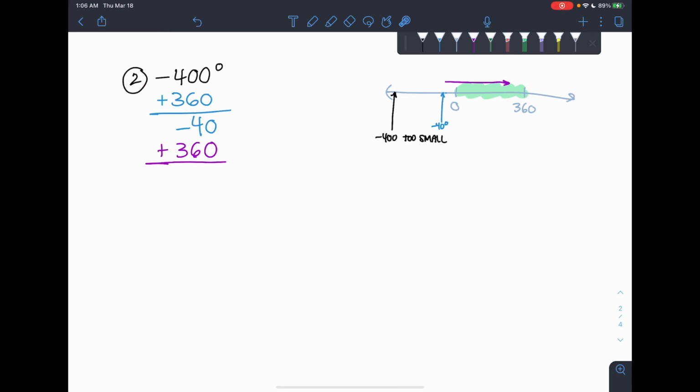And we want to find the difference between 360 and 40, which gives us 320. 320 is definitely in the range that we're looking for. Which tells us that negative 400 is coterminal to 320 degrees.